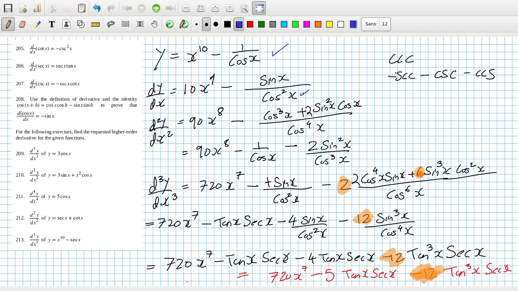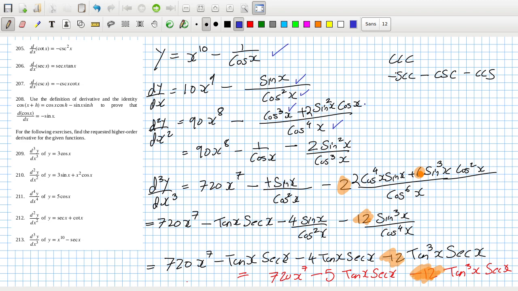Bottom squared, bottom times root of the top minus the top times root of the bottom. Then the bottom squared, the bottom times root of the top, cos squared, minus the top times root of the bottom.